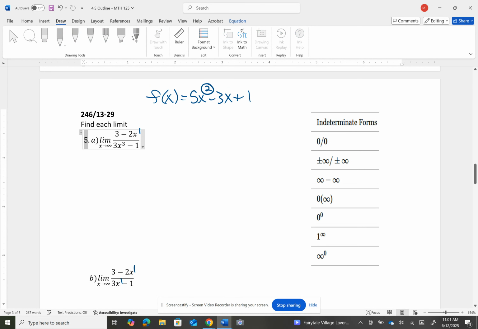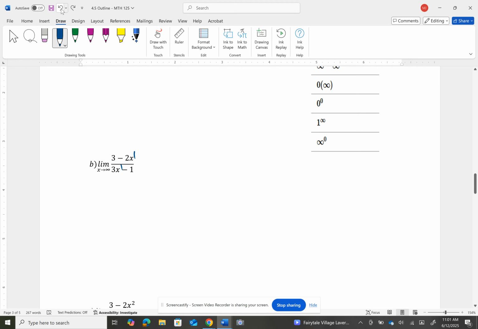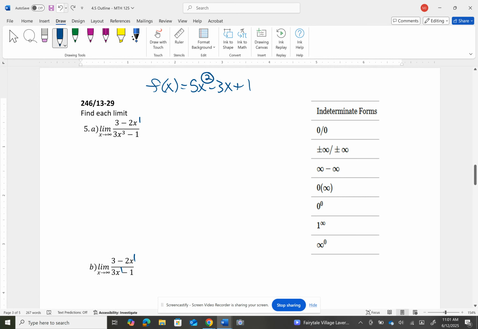All right, I'd like to go ahead and take a look at these. And when we do, I'd like to approach it in the very official way of handling this algebraically.